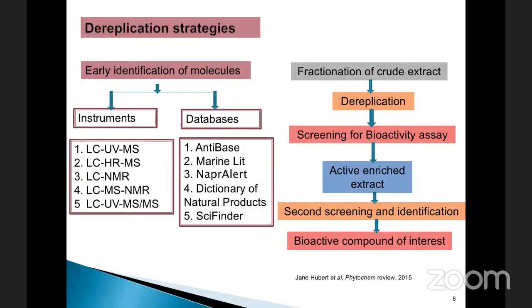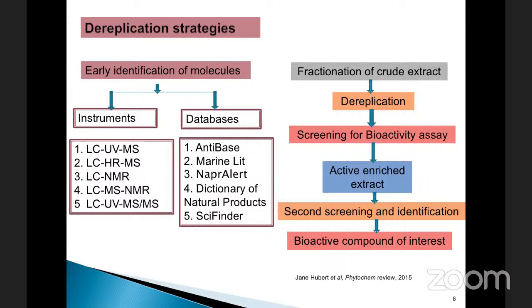It depends on the instrument error also, which instrument you are using, because some instruments have less accuracy, so the ppm error may be a little bit higher, like with time of flight. But in some cases like the Orbitrap machine, you get very accurate mass information. And in that case, you can go with maybe less than 2 ppm error. And that is the advantage here.